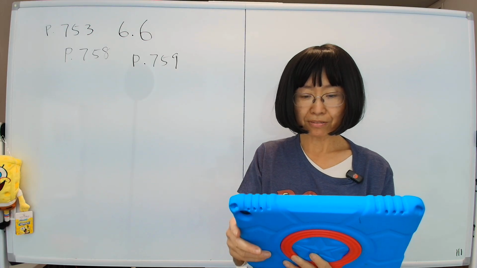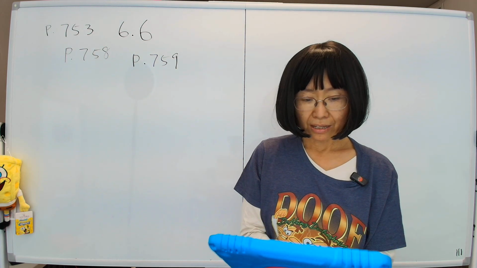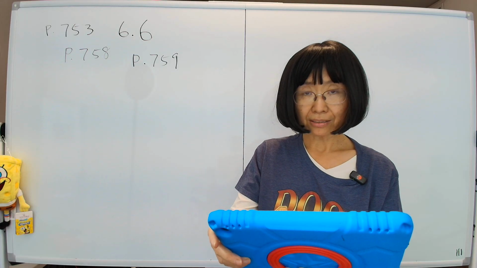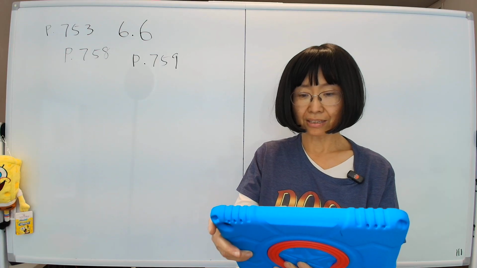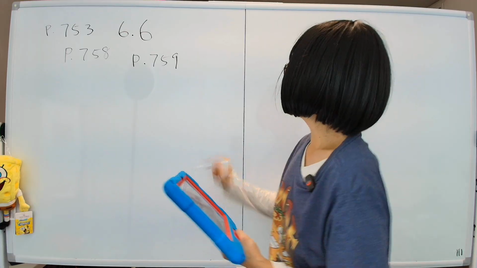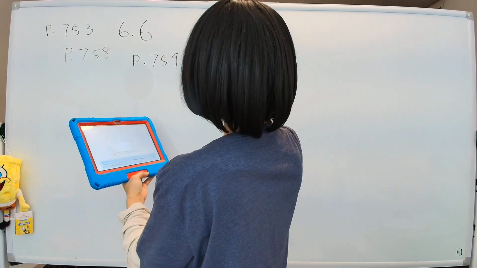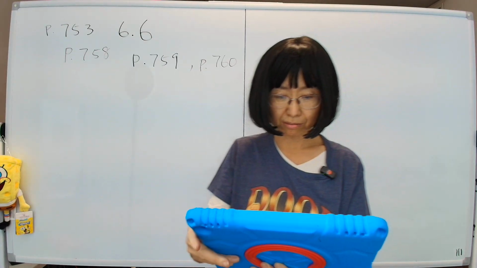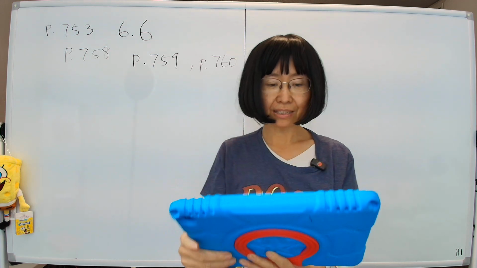For the parameterization to make sense, the first definition is: if you have a parameterization of something, it's regular if the r_u cross r_v is not 0 in the domain. So we are now on page 760. The r_u cross r_v has to be not 0, because if it's 0, you're getting something odd.